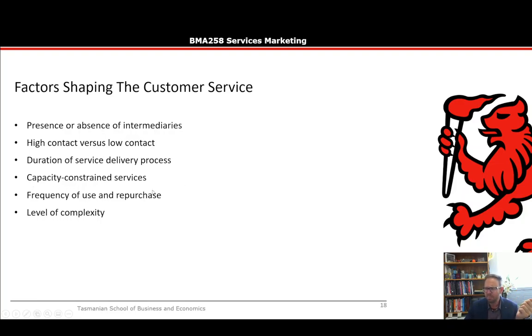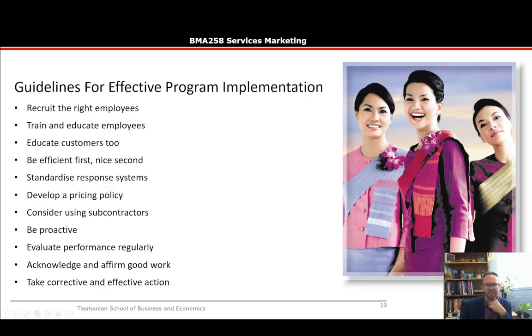And capacity constrained services, frequency of use and repurchase, especially when it goes back to customer repurchase intention. And then level of complexity. Some services are easier to deliver on than others. Some are just complex with a lot of moving parts. I don't want to get too much into that because there's a lot in there, and then this lecture's just going to go on forever.